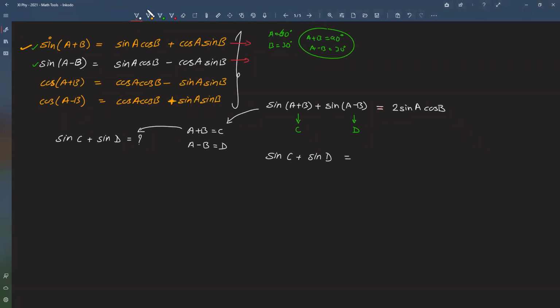So we should know what A and B are. The substitution we did is A plus B equals C and A minus B equals D. Basically it's two equations, and from these two equations you have to find A and B in terms of C and D, because on the right hand side also it will be better if we have an expression in terms of C and D.